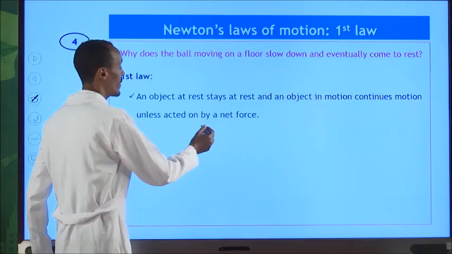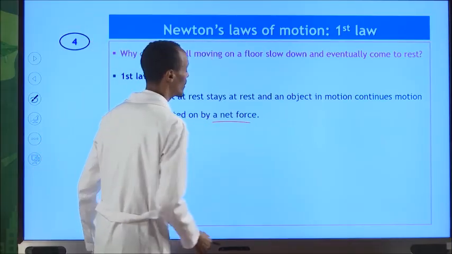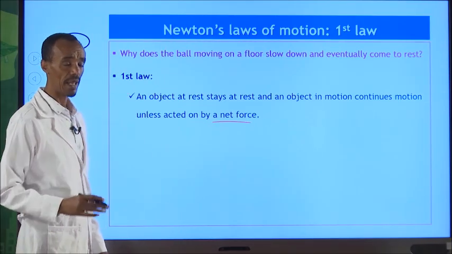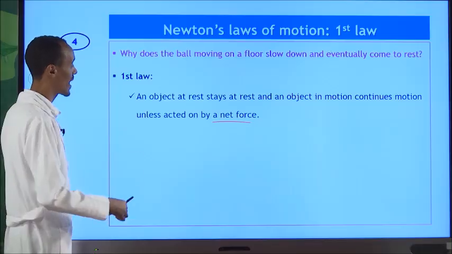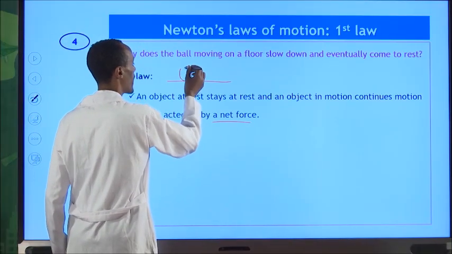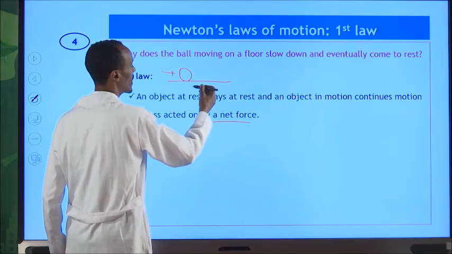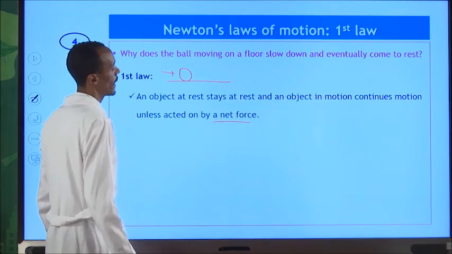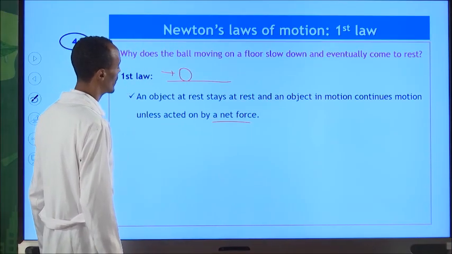You see, if you have an object at rest, it will remain at rest unless you apply force on it. As you have seen, the ball is at rest, but when the ball is kicked, it starts moving in the direction indicated.